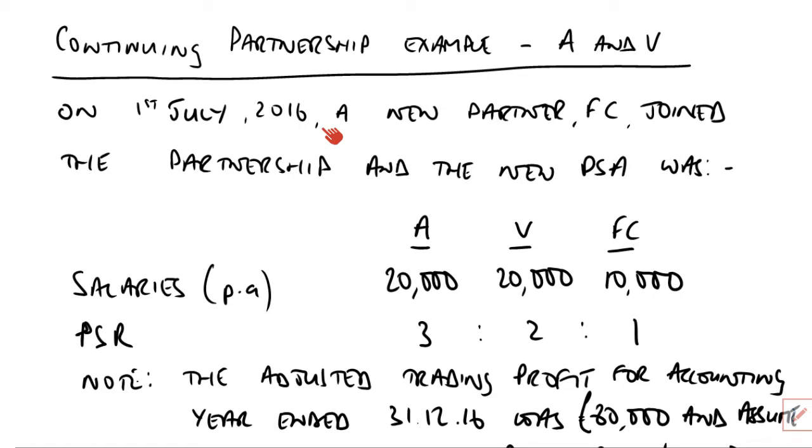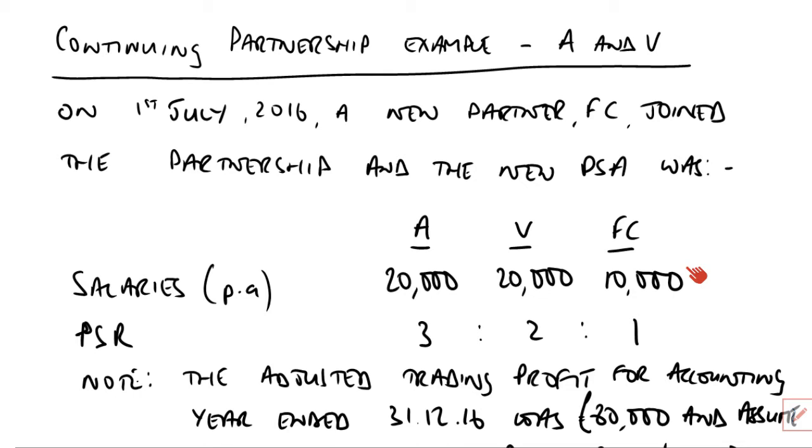That means that for 6 months of the accounting period, the old agreement will be in force, and then from the 1st of July to the end of December, we'll have the final 6 months of that period using this new agreement here, splitting our profits between the three partners A, V and FC.